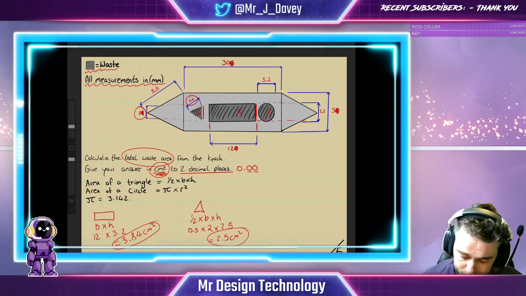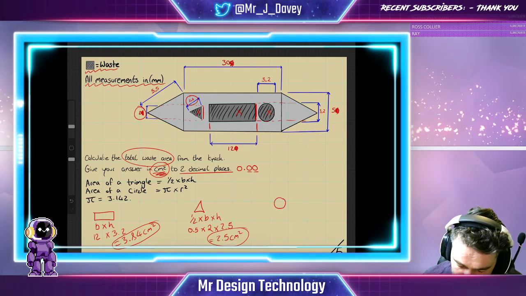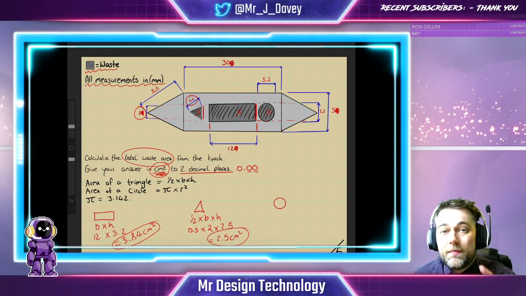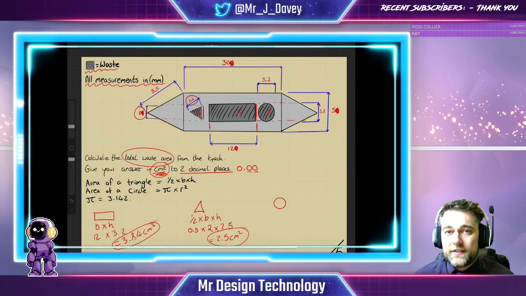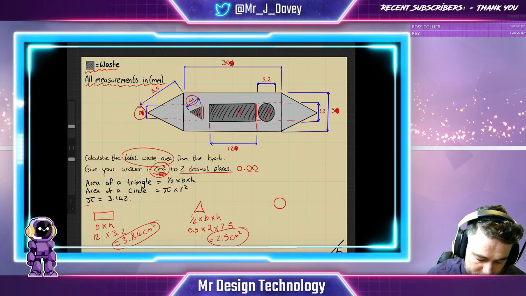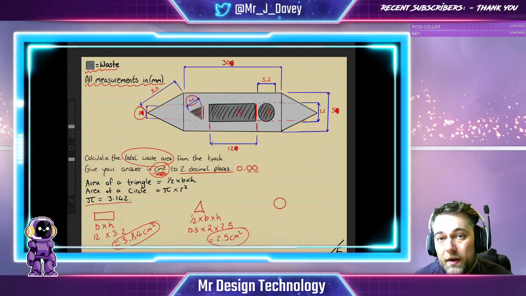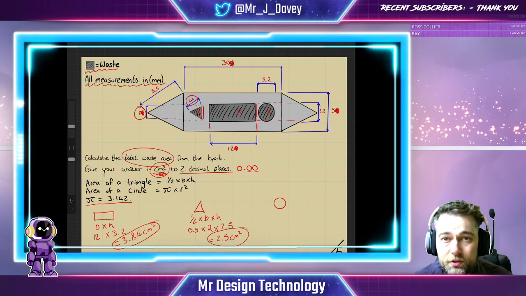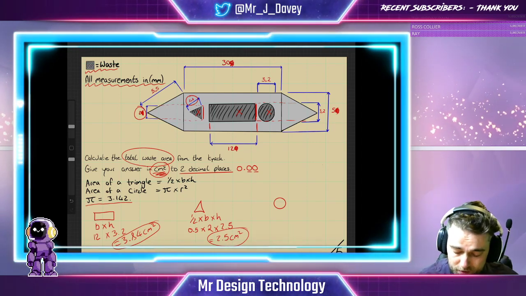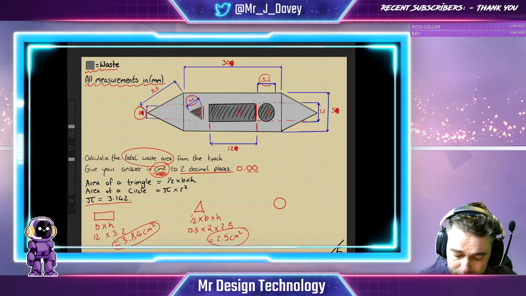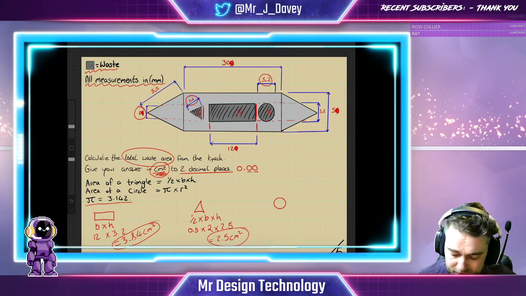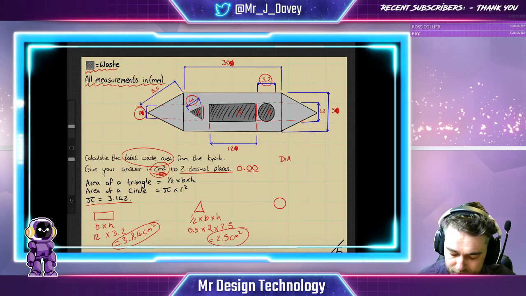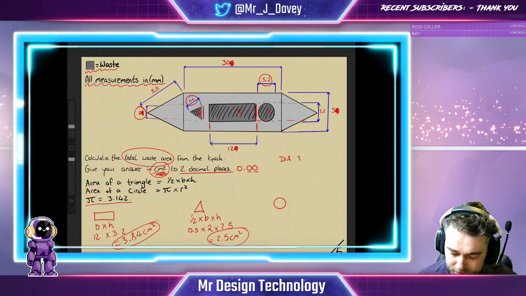Okay. Next part is our circle. Now remember that when we're doing the circle in DT, we're following this, which is our pi for the Design and Technology course, and we treat it as 3.142. Now our circle on here has a diameter of 3.2 centimeters. So let's get that down because this is going to get quite tricky soon. So the diameter is 3.2.